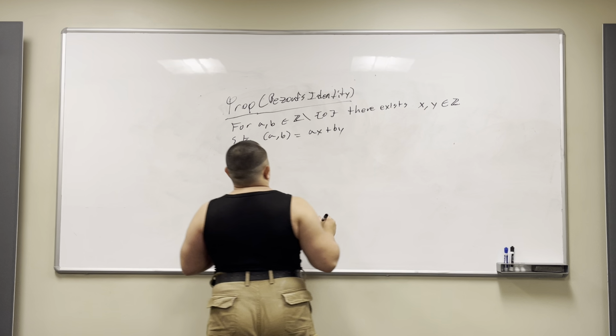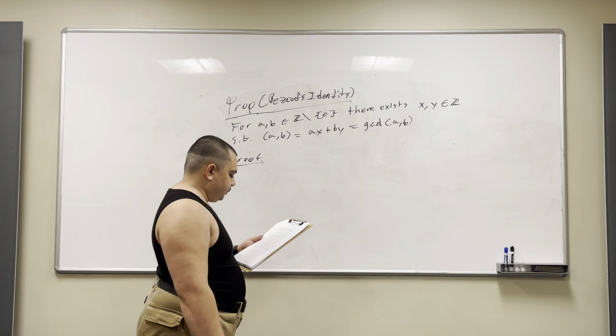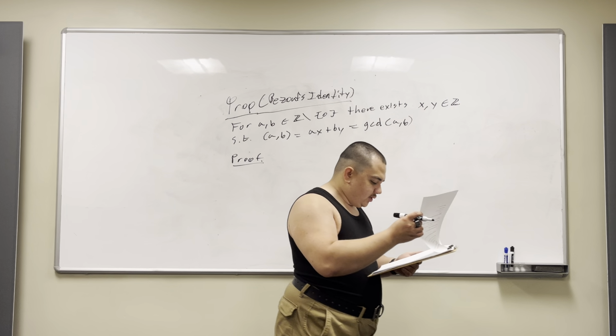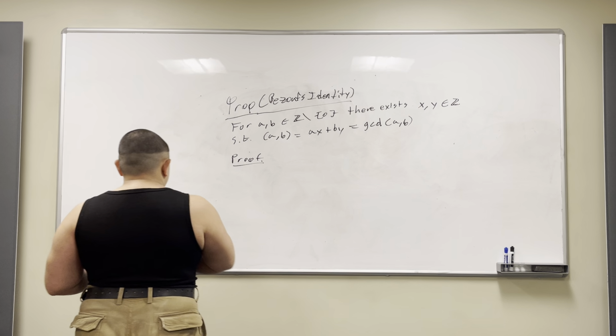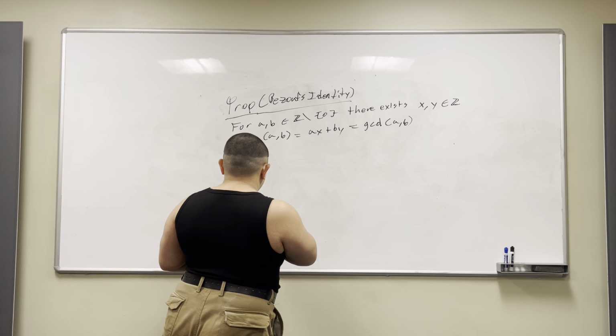So, proof of this. Well, there's this notion of the Euclidean algorithm, which we discussed briefly in the historical part for context's sake, but which I'll get into a bit more in depth later.